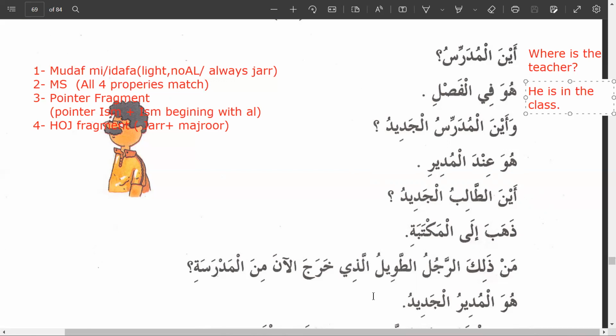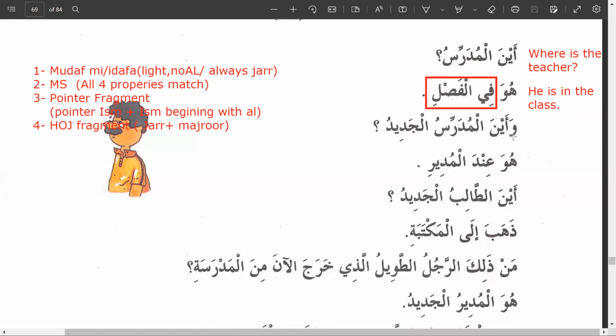Yes, which one? Fil fasli. Which fragment is this? Is it jar majroor? Yes, jar majroor. Excellent.